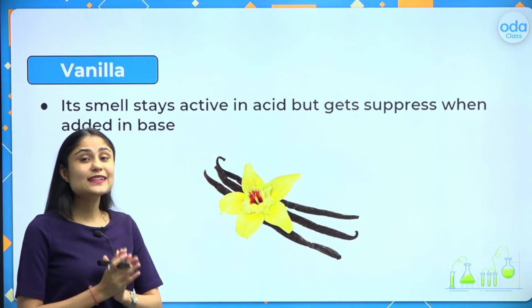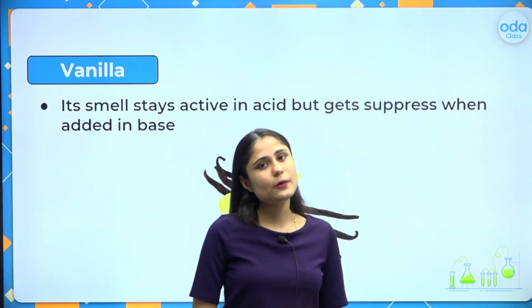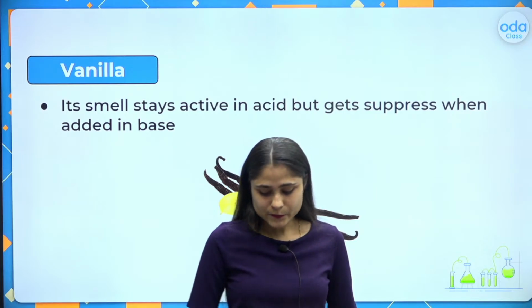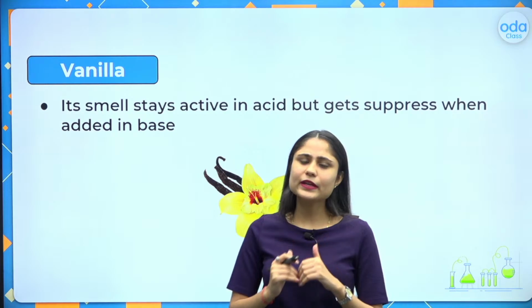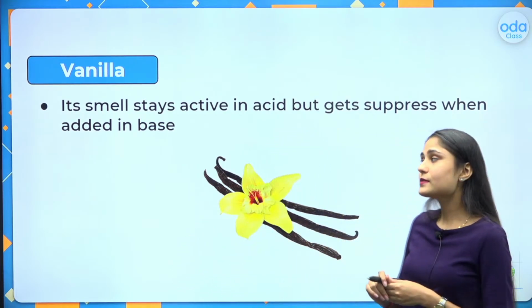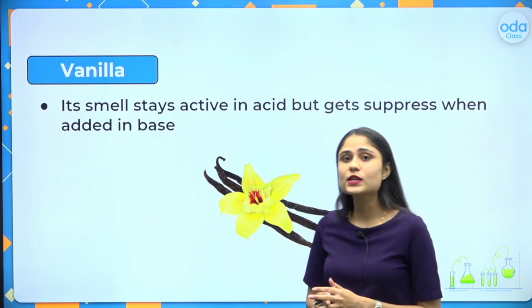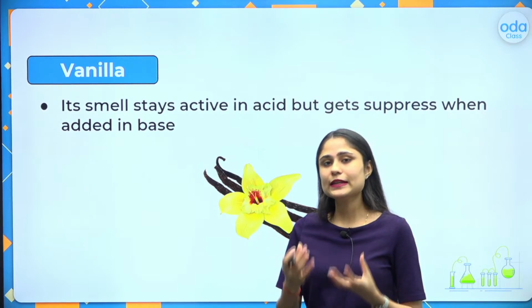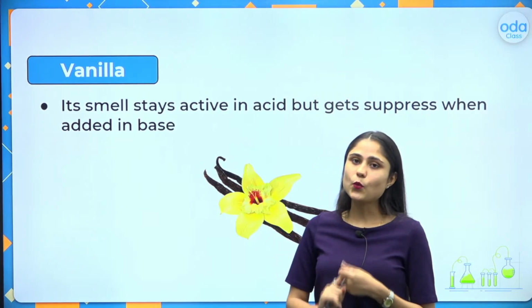But once again, the smell will be suppressed in the bases. So you add vanilla to some acids, and the smell will remain the same. But when we add it to a base, the smell will be suppressed. So that is all about the olfactory indicators. We studied clove oil, onions as well as vanilla.